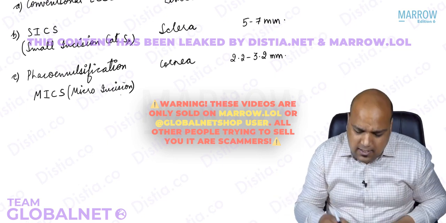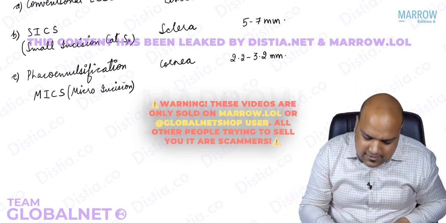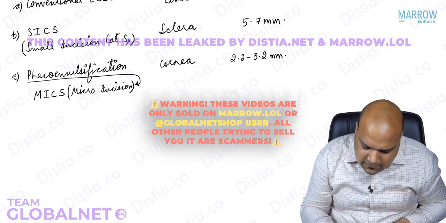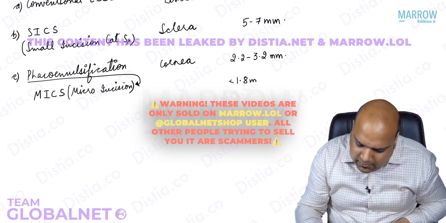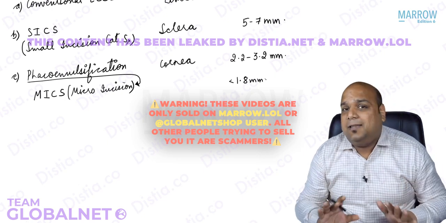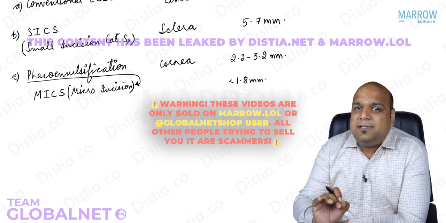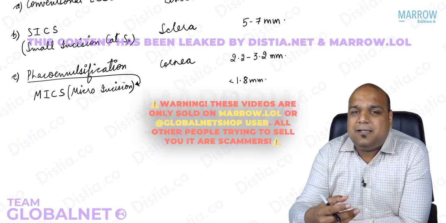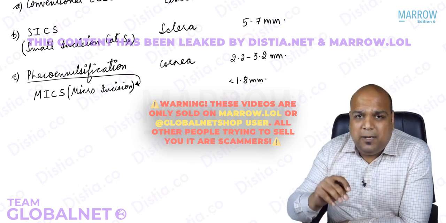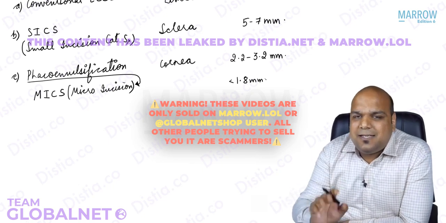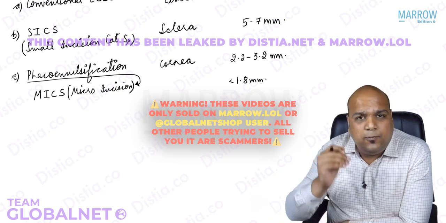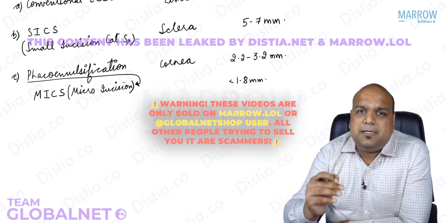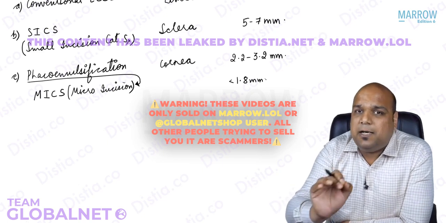In micro incision cataract surgery it is phacoemulsification, but with an incision size of 1.8 mm or lesser than that. That's all. Only the size of incision, because of the instrumentation and the advanced technology, we are able to have a smaller incision size. It is not anything else, no other difference. So for me, phacoemulsification is equal to MICS, just the size of incision has become smaller.